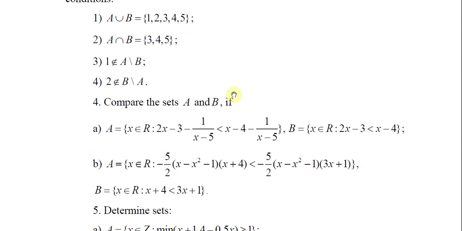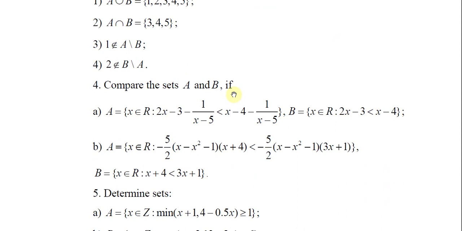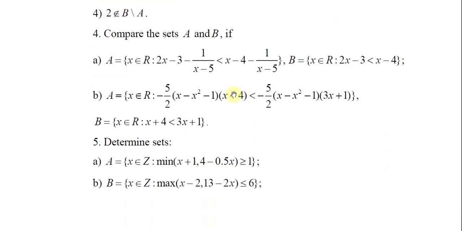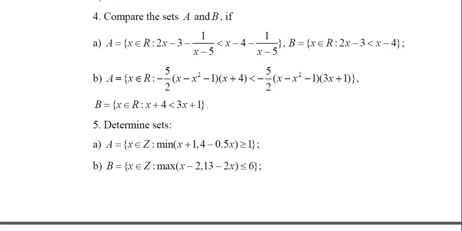And now, comparing the sets A and B, number 4 here. So the A set and B set we need to compare. To compare these two sets, we need to solve our inequality, the first one firstly.